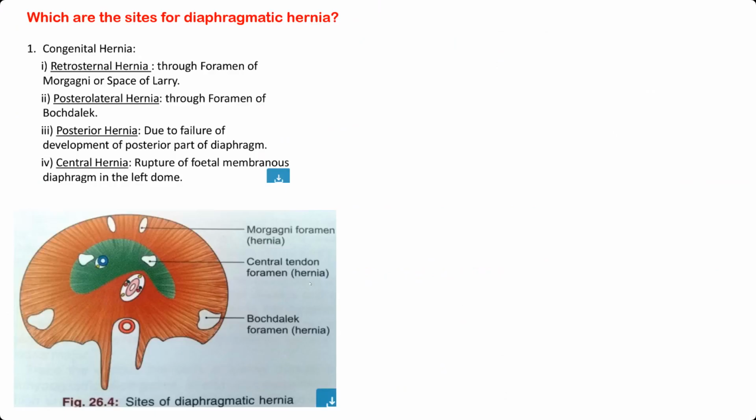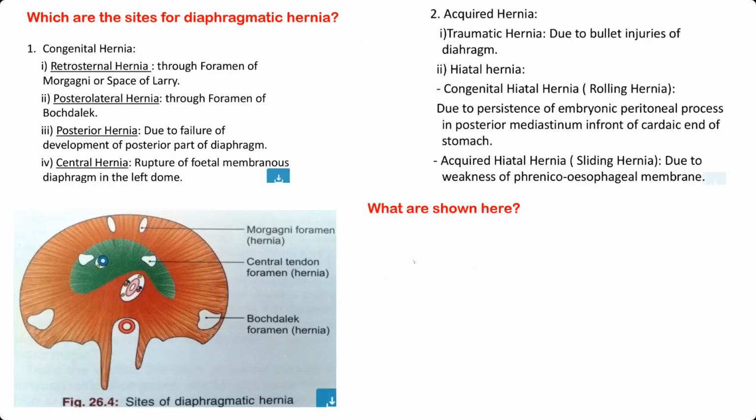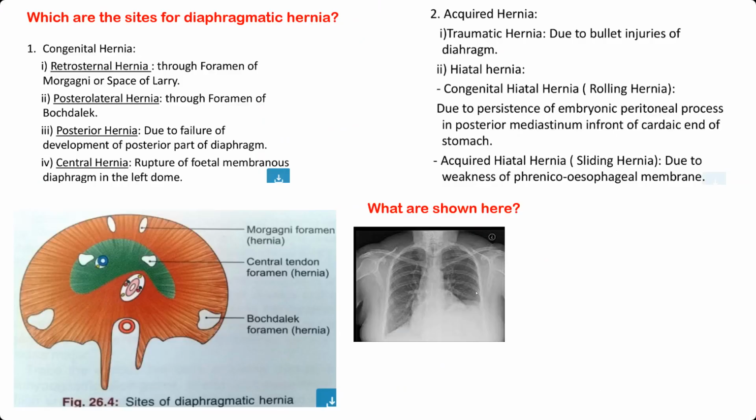And sites of diaphragmatic hernia, which happen in so many locations. And can you identify this picture? X-ray, what is shown here? This is the normal diaphragm. This is a clue. Left phrenic nerve palsy.